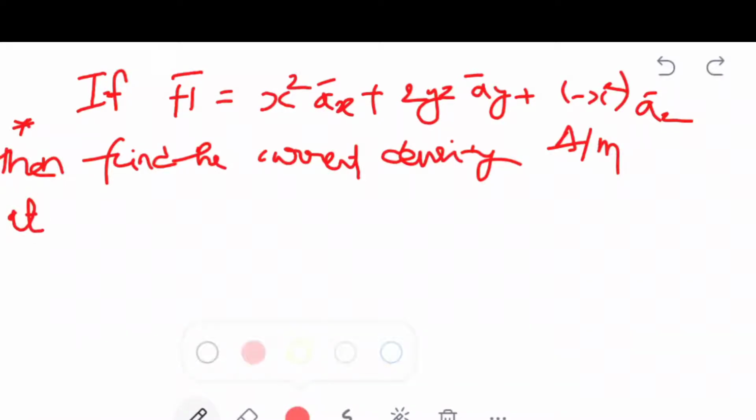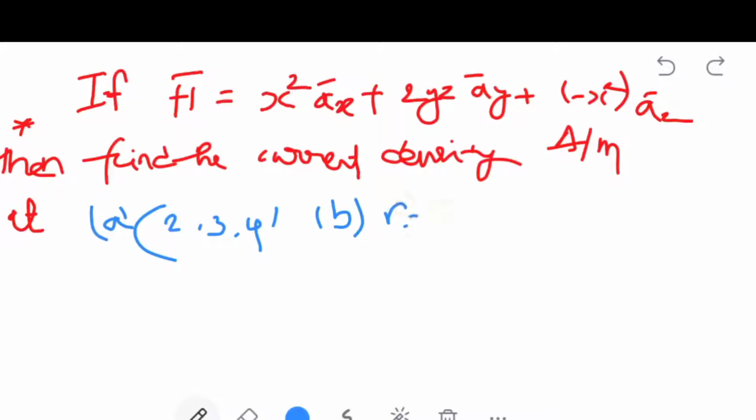at A (2, 3, 4); at B, r equal to 6, phi equal to 45 degrees, z equal to 3.